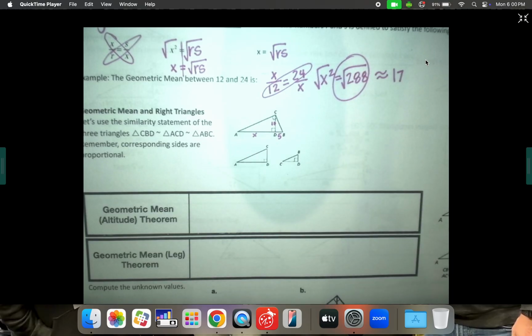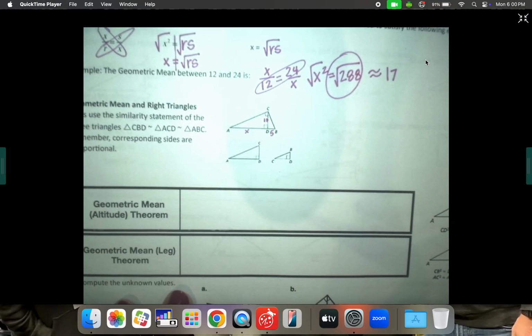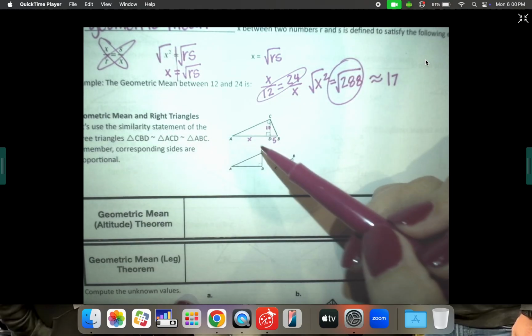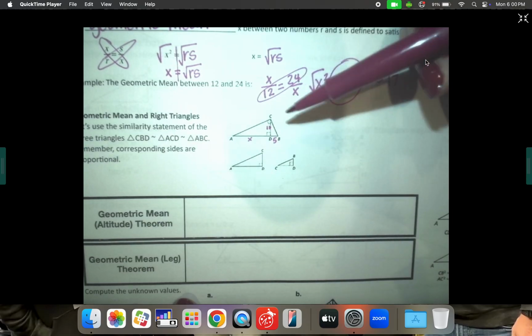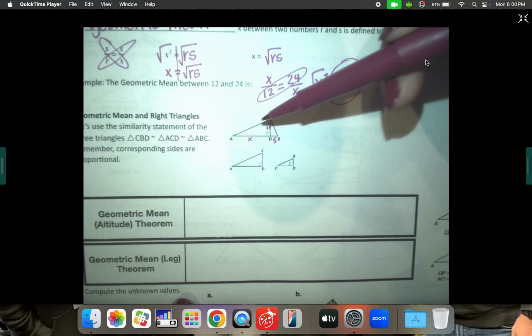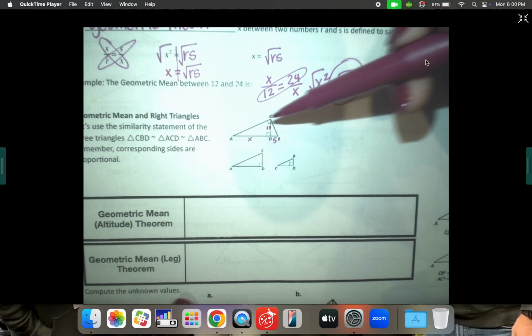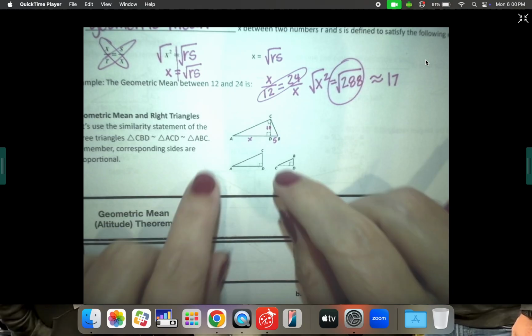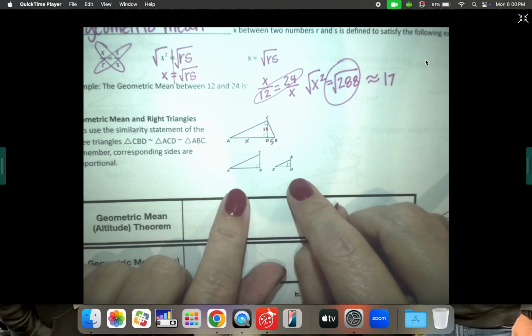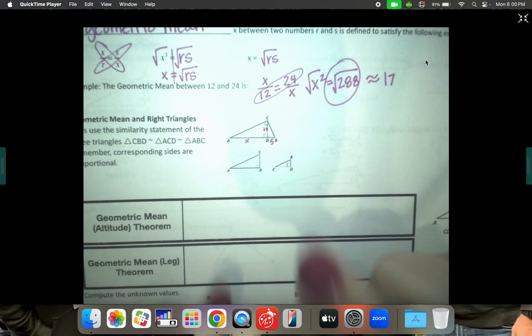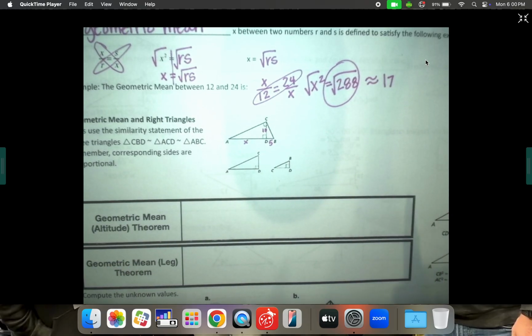You can't really find X when you're missing too many other things. You can't even use the Pythagorean theorem. Well, you could do it twice, but no, you still can't because we don't know this one. So there's just no way to solve it unless you break them apart and use the same numbers in two different ways and set them up with a similarity statement using the ratio of side lengths.